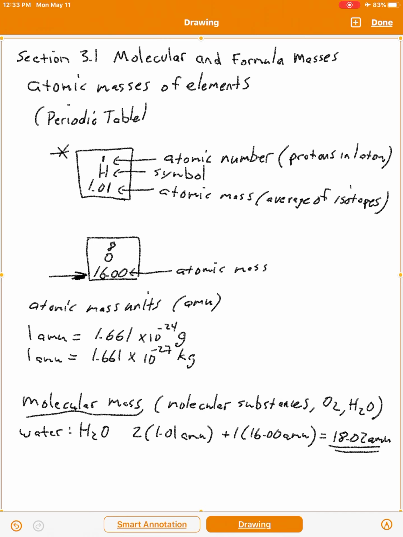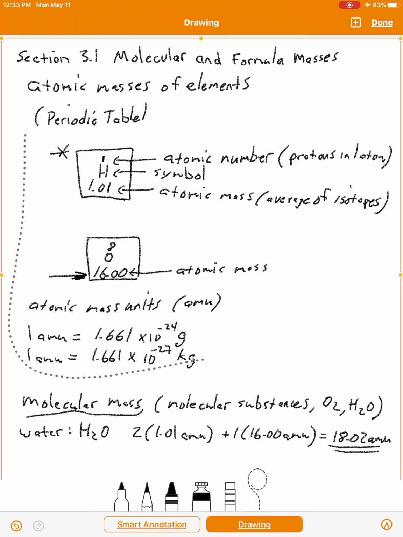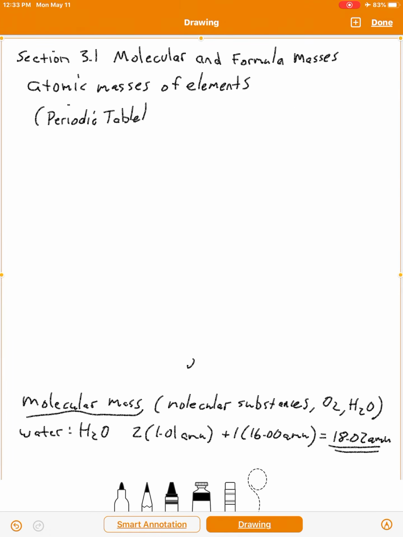Now, a little bit about terminology. When we're talking about molecular substances, again, oxygen, water, those are molecular substances, we use the term molecular mass.